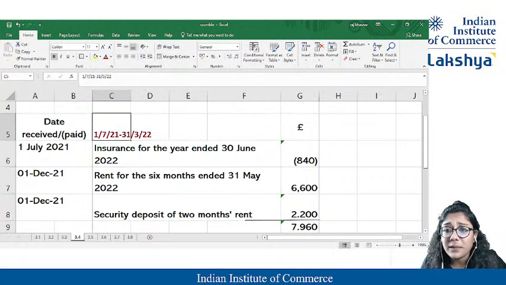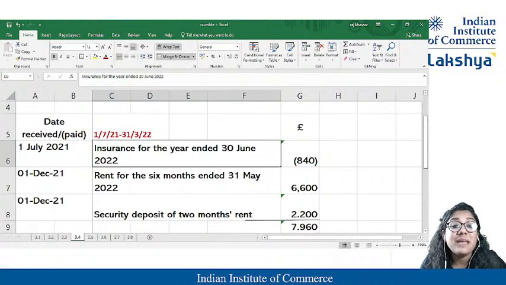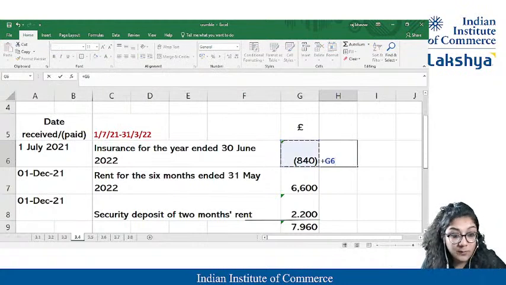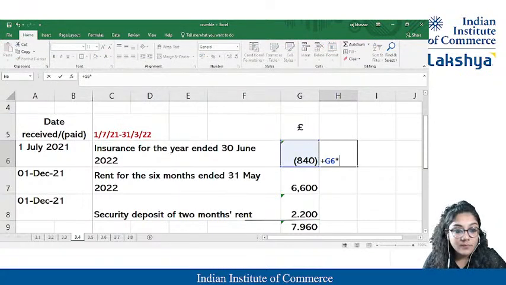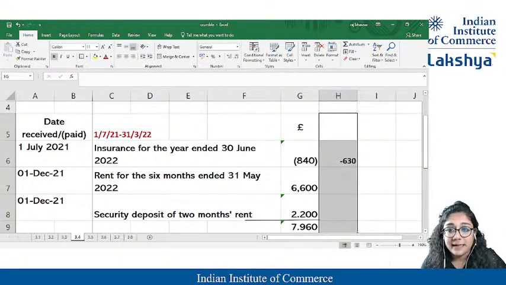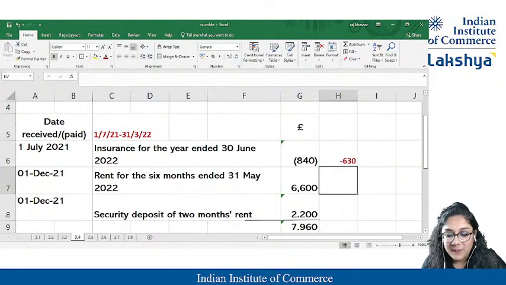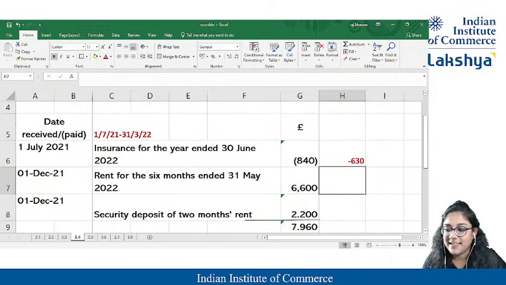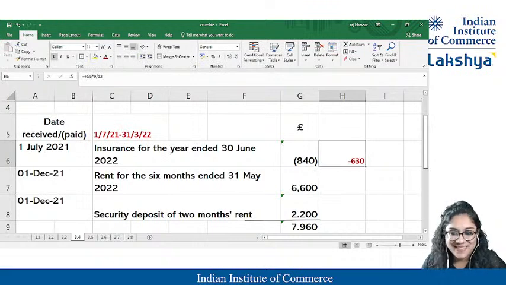You have paid for 3 months extra. We don't want that. We want only 9 by 12. So this becomes my answer. Clear? So this will be my only expense.